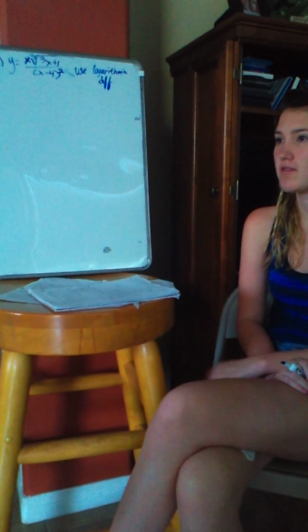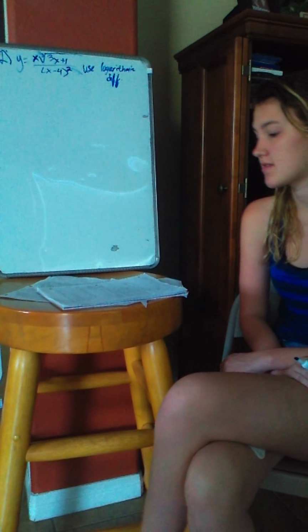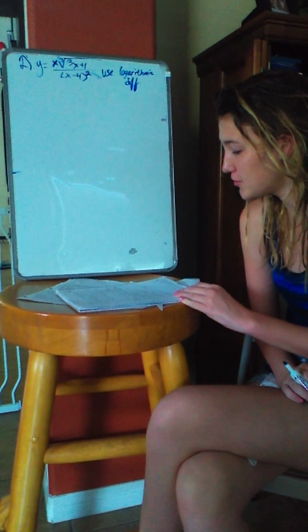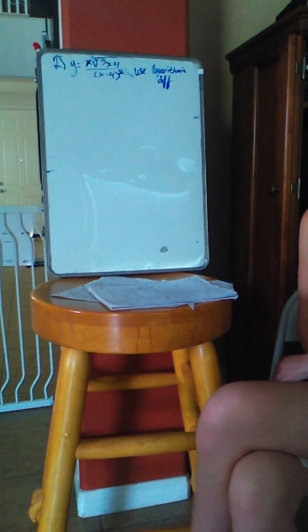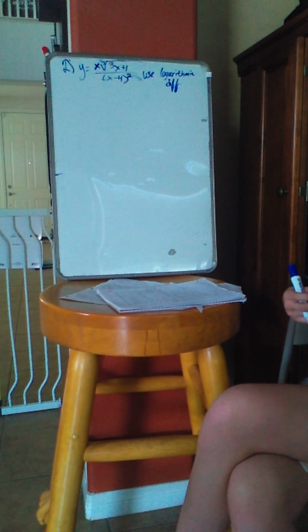Okay, going on with 5.1 to 5.4 test corrections. I will be doing number 2, which does use logarithmic differentiation to find dy/dx. It's y equals x times (3x plus 1) to the 1/3 over (x minus 4) squared.